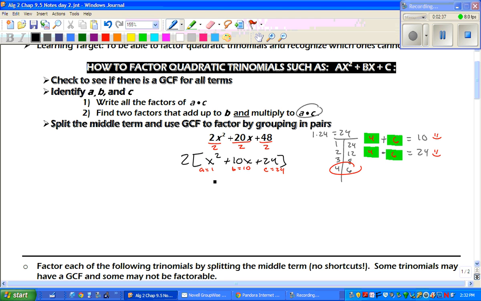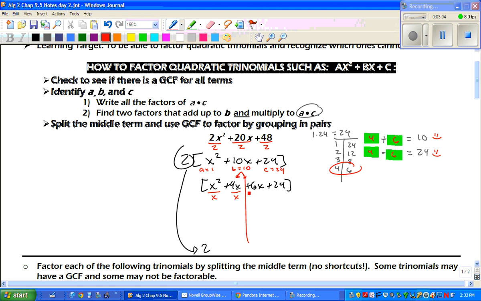Now, we can keep the 2 out front, or we can just make sure to rewrite that so we don't forget it, so it comes all the way to the bottom. We have to split the middle term, and we get x squared plus 4x plus 6x plus 24. Split it up.